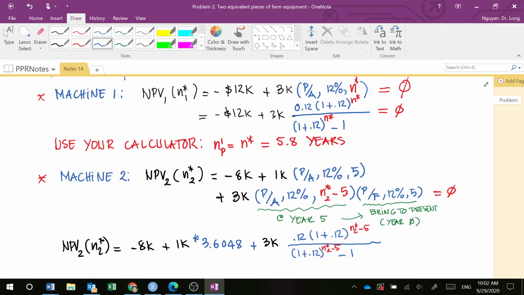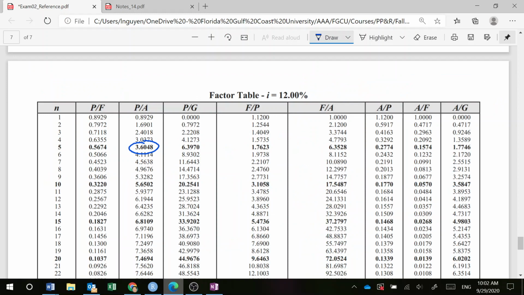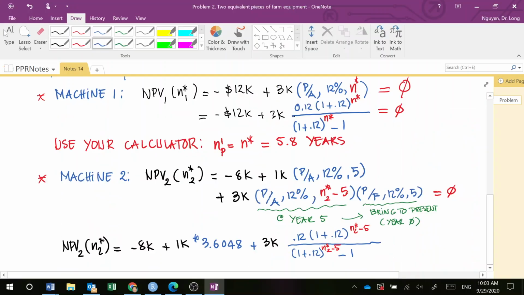We want to find P. So given F find P, if you go to the reference, for 5 years, we have that factor is 0.5674. So that will be that factor times 0.5674 and set it equal to 0.